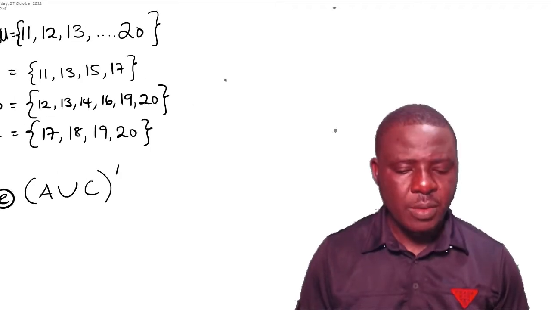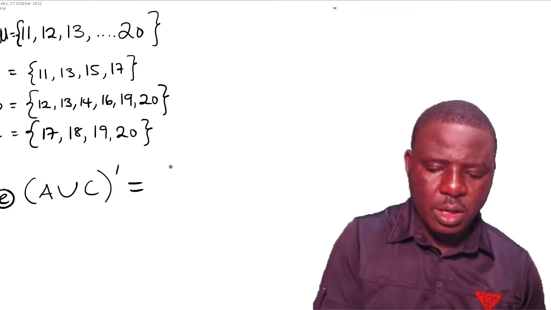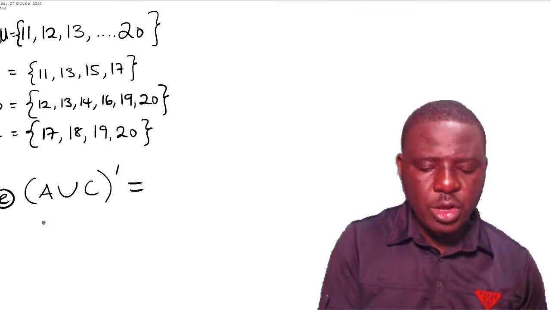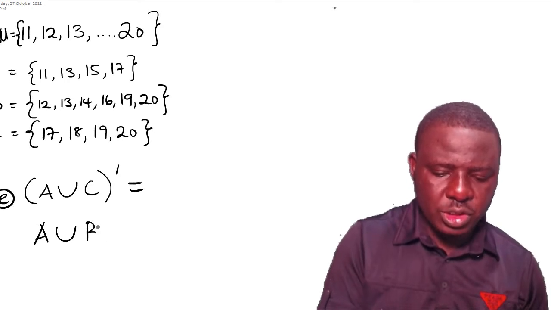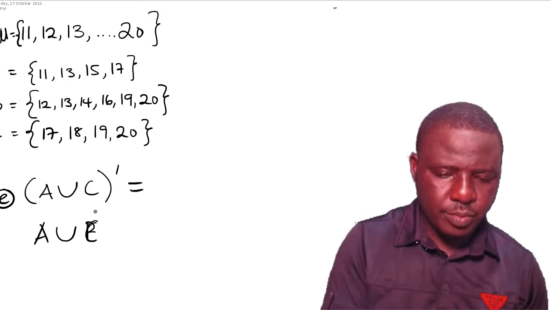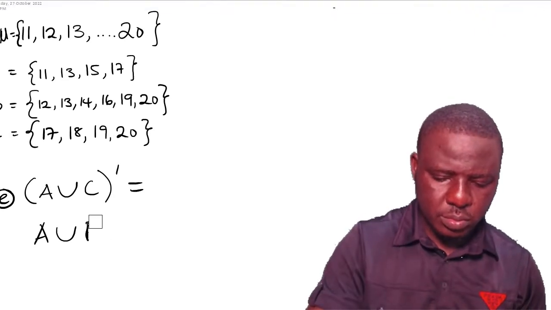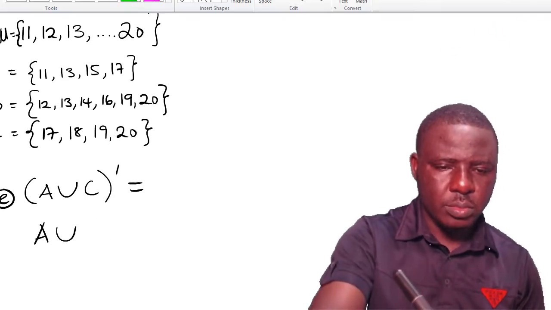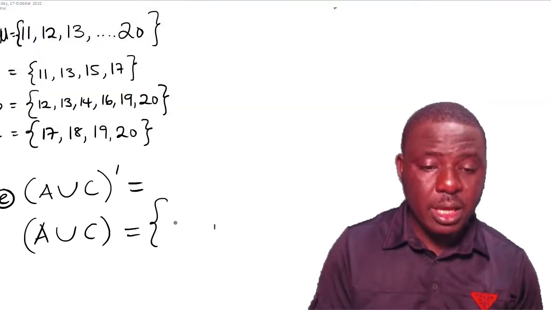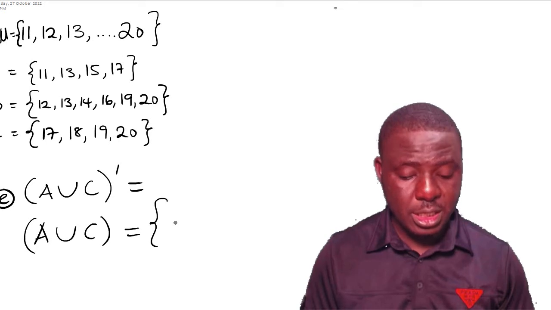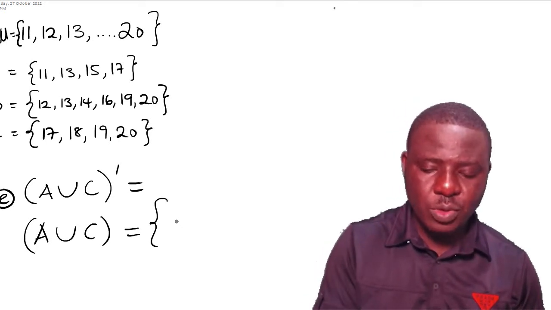E says (A union C) complement will be equal to, we'll first of all look for A union C. Get the elements of A union C. A union C means all the elements you can find in A and C without repetition.